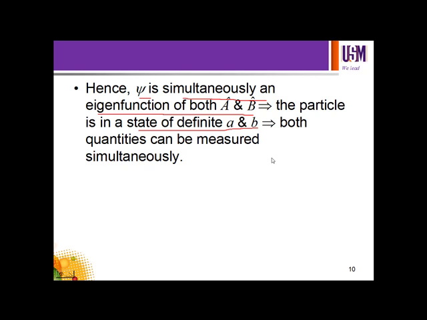That means at the same time, both quantities can be measured simultaneously. This only happens if operator A and operator B are commutative.